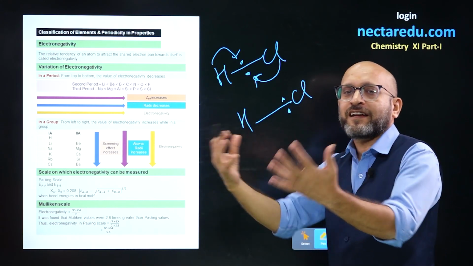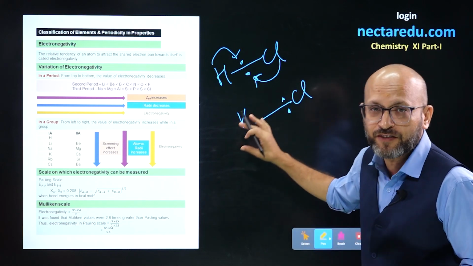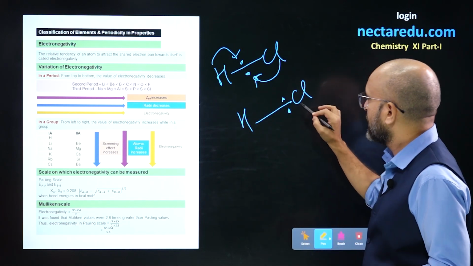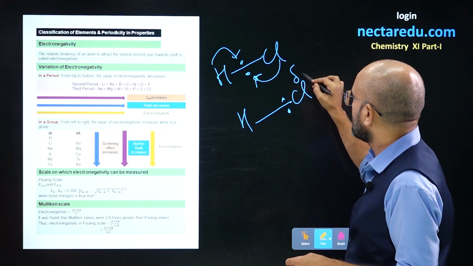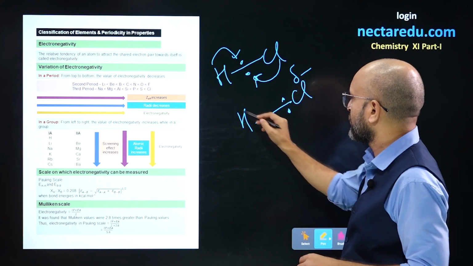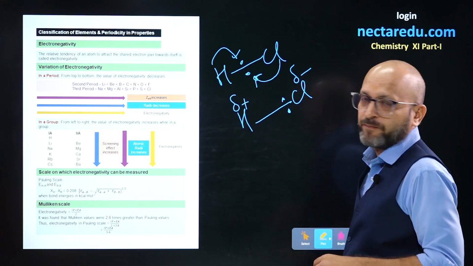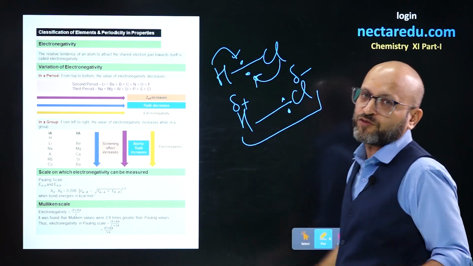Chlorine pulls the shared pair of electrons towards itself because chlorine is more electronegative than hydrogen, because of which it almost gains one extra electron. So the charge on chlorine is partial minus, and hydrogen has almost lost its electron, so the charge is partial plus. So this is what happens due to the difference of electronegativity.